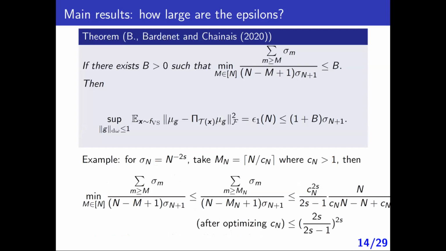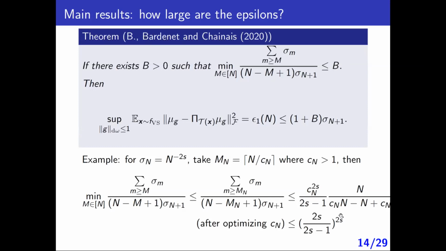This is what we have proved: under a technical condition, which we can drop for the moment, we can prove that the largest epsilon, that is epsilon 1, is upper bounded by 1 plus b times sigma n plus 1. And you can check that we satisfy this condition when sigma n is n power minus 2s. We give a development to satisfy this condition, and we have an explicit formula of b that is simply 2s over 2s minus 1.